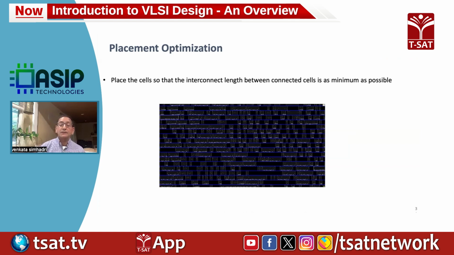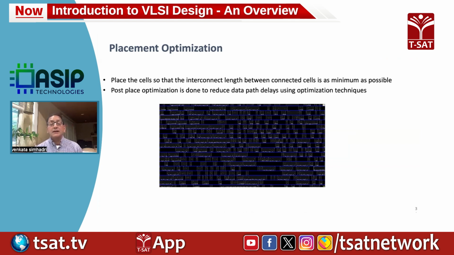You use automated tools that will go and place these cells based on their connectivity and based on the timing requirements to optimize the interconnects between them. And it's an iterative process, and you keep iterating, optimizing the placement to make sure it meets the performance requirements.